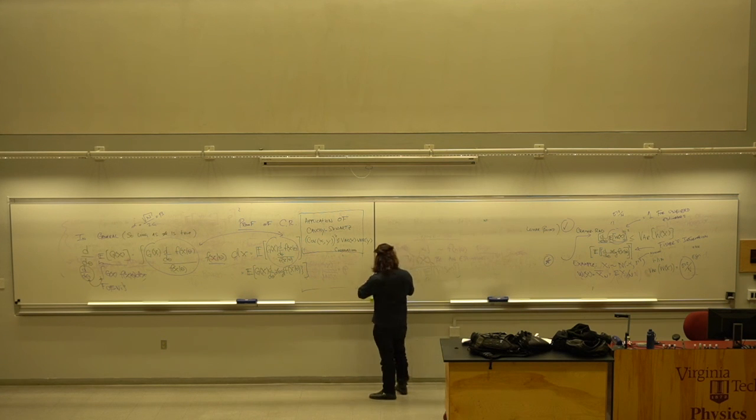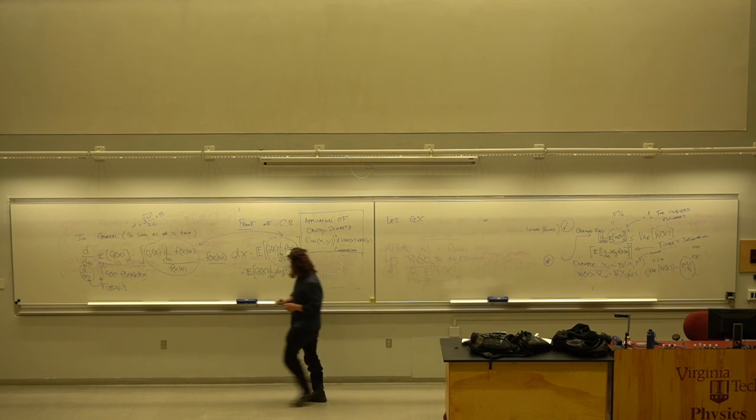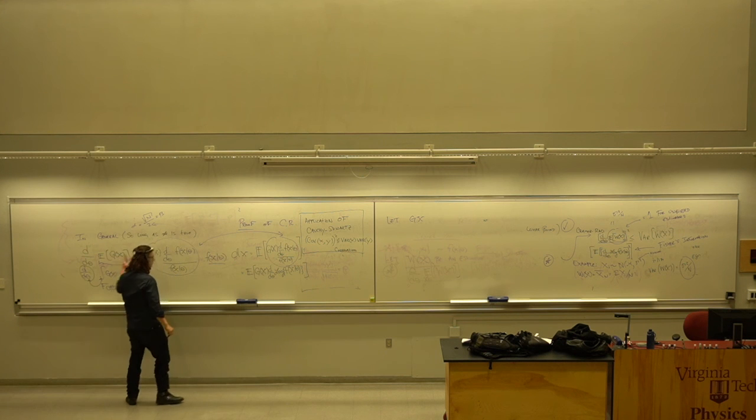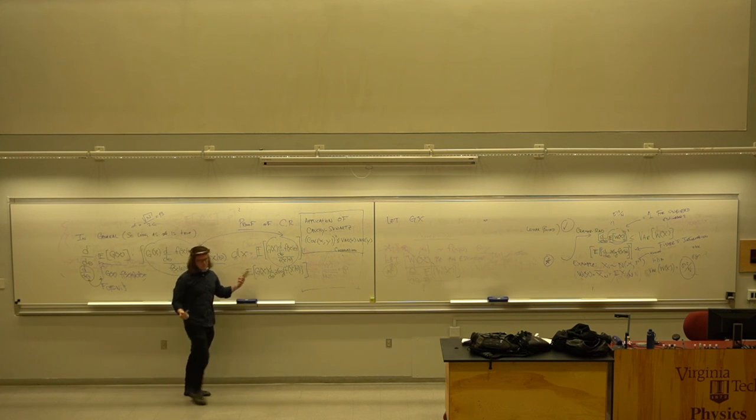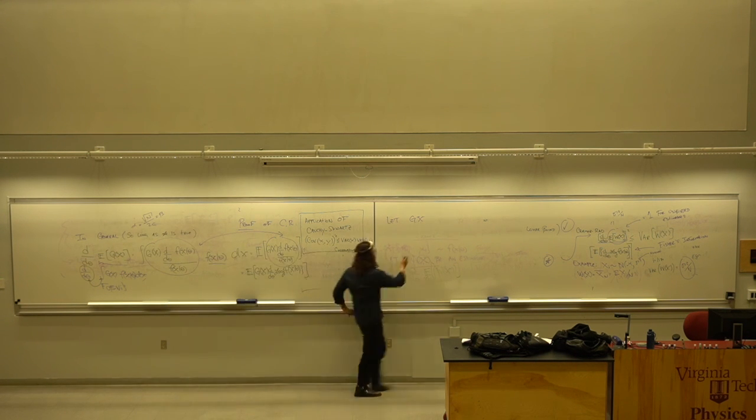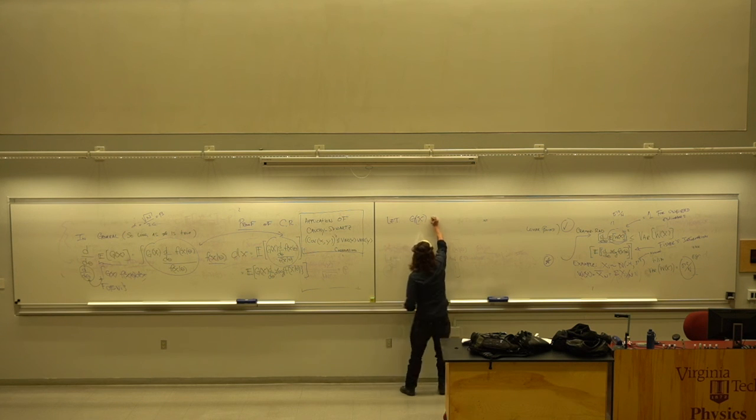Book is going to take g is equal to 1. But this is a true statement right here. So this thing right here is equal to that. So let g of x for a moment be equal to 1.